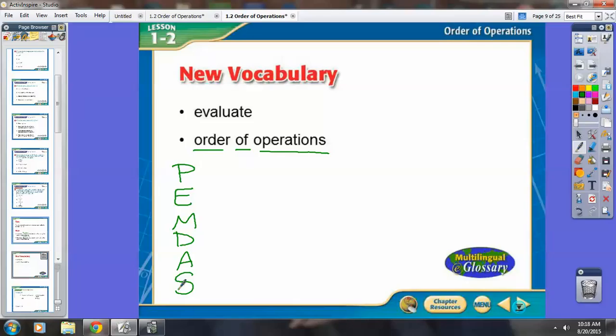So, P in PEMDAS, what does that stand for? Parentheses. So next to our P, let's put parentheses. E. Exponents, out of the way.